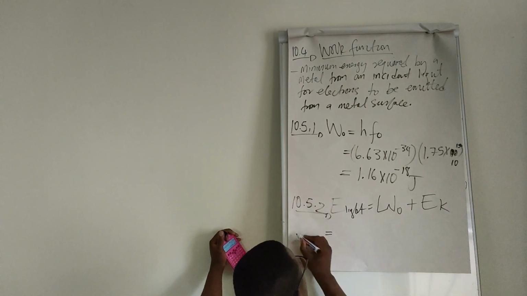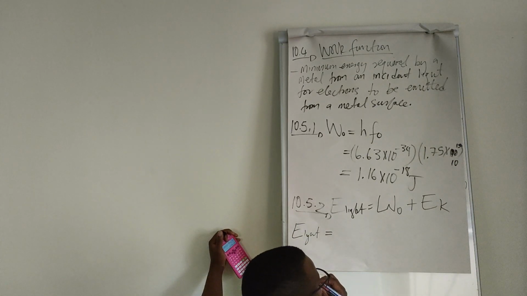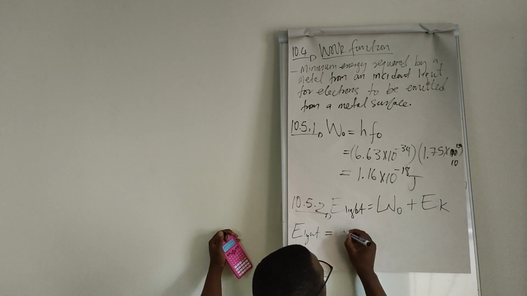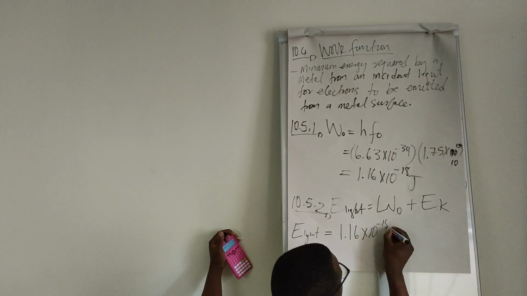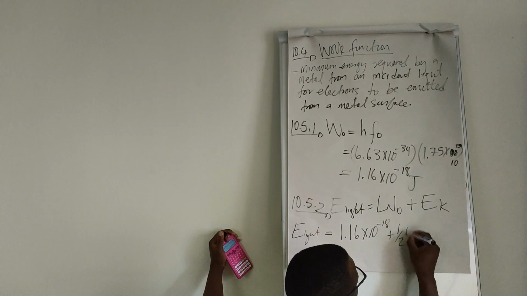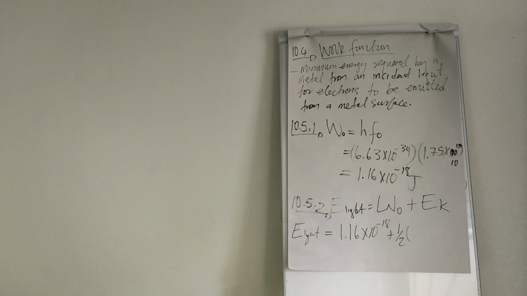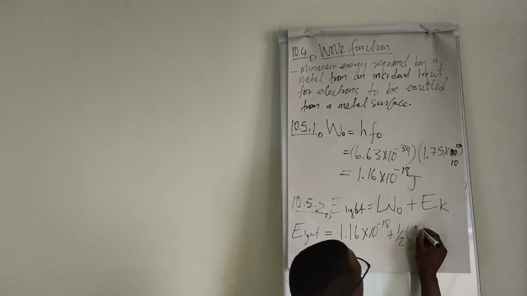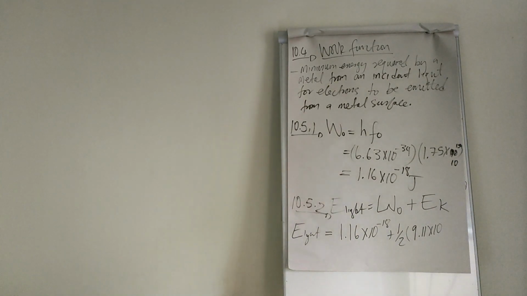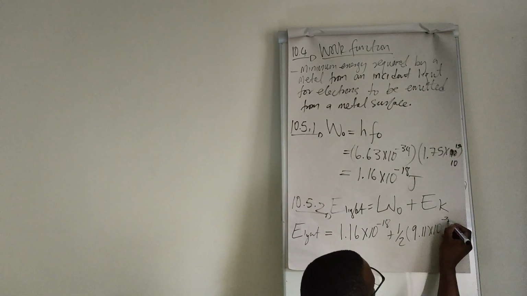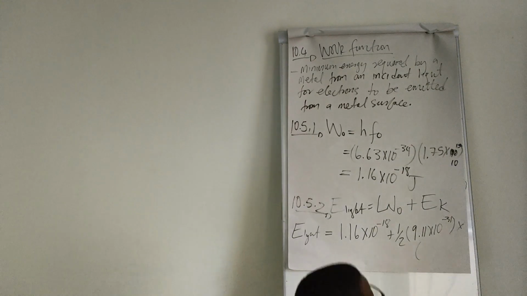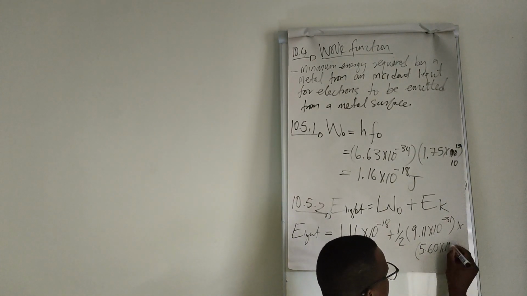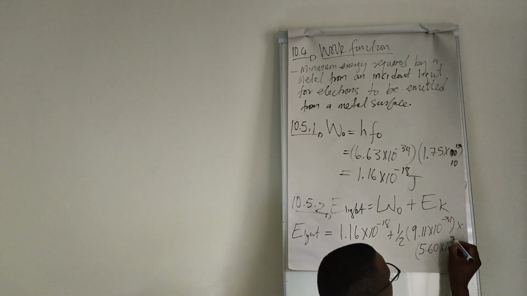So E of the light is equal to work function, which is 1.16 times 10 to the power minus 18, plus half m, where m is the mass of an electron, which is 9.11 times 10 to the power minus 31, times velocity, which is 5.6 times 10 to the power 5, all squared.